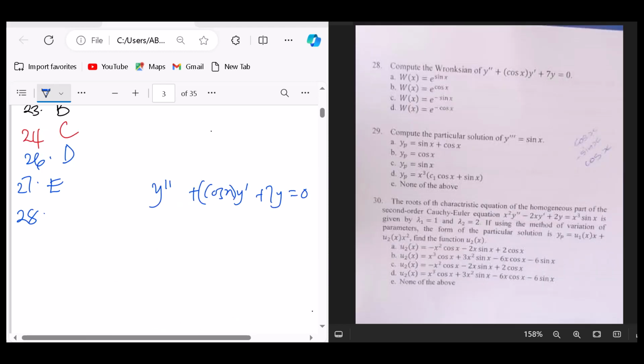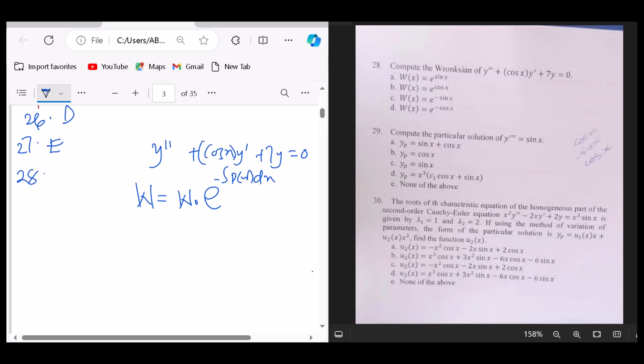They are saying we should compute the Wronskian of this. So here we will use Abel's formula, which states that the Wronskian is equal to W naught e power negative integral of p of x dx, like this. And so our p of x is just cos x, so that would just be W naught e power negative integral of cos x dx.